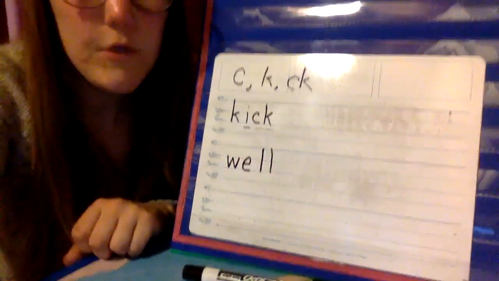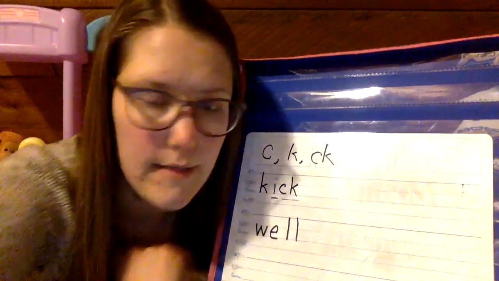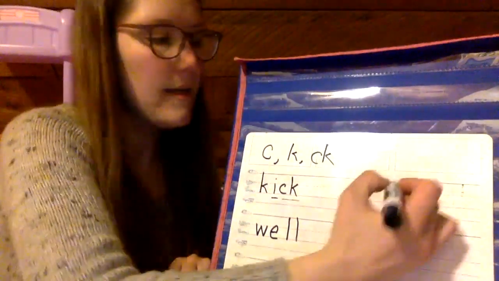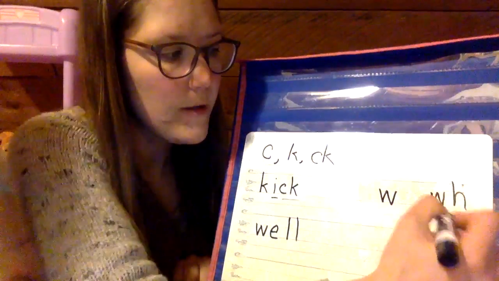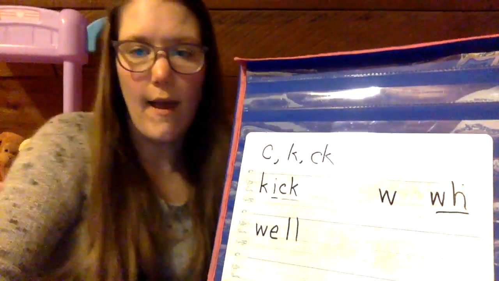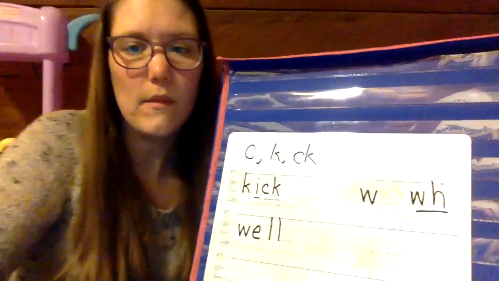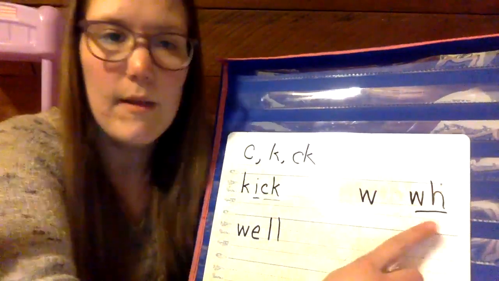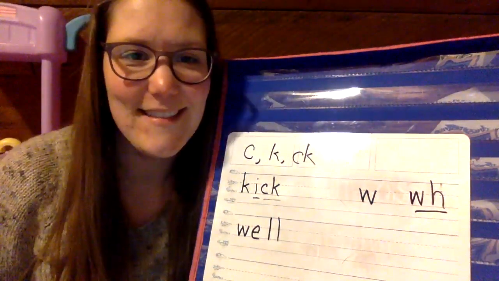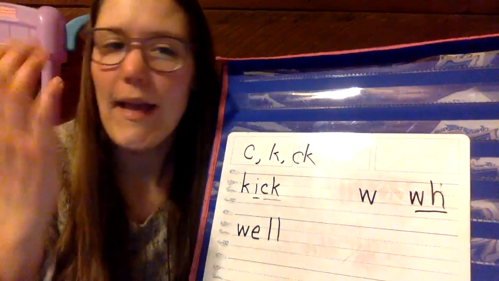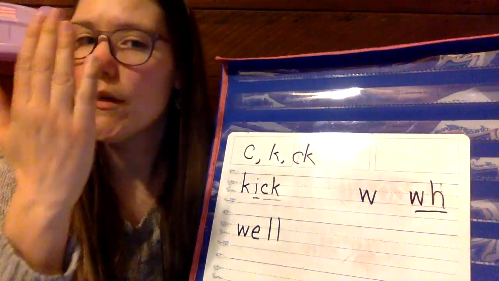I'm going to pause for just a moment to do a quick little reminder lesson. The difference between W and WH. WH is a digraph. 2 letters that make one sound. When we do our drill sounds, we say WH, whistle, w.